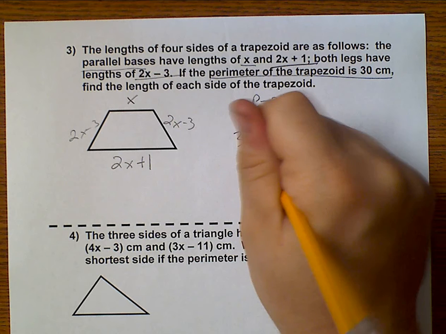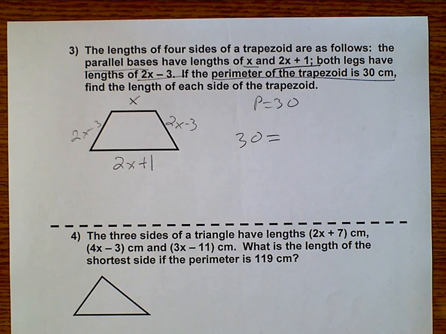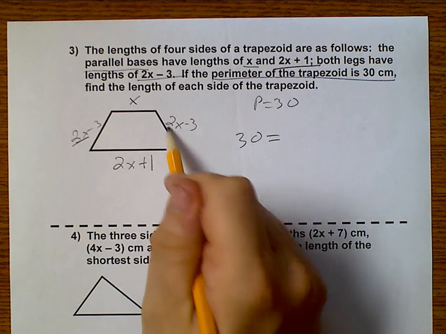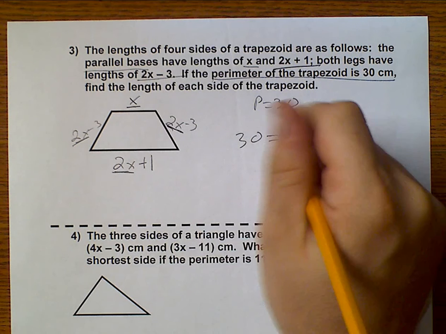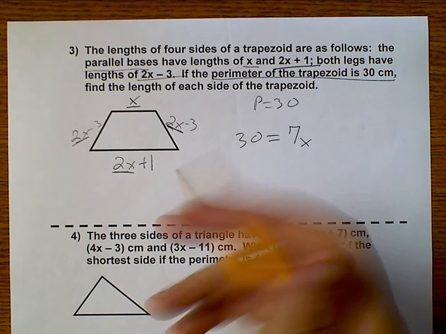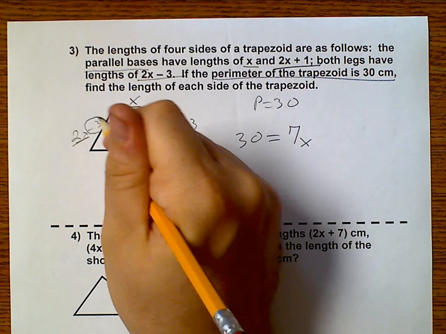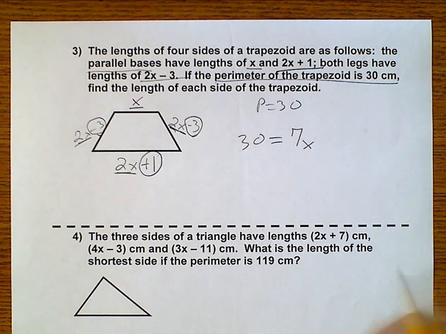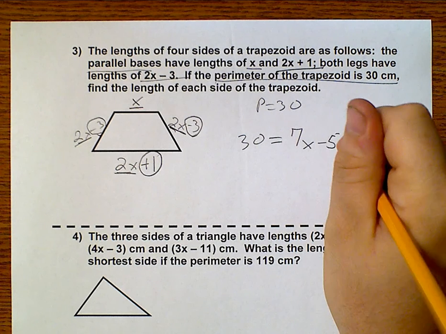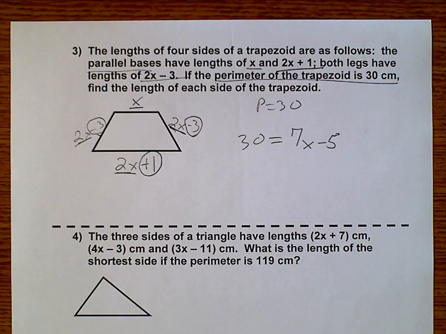So 30 equals, well, let's count up our x's. I have 1, 2, 3, 4, 5, 6, 7 x's. My other numbers: negative 3, negative 6, negative 5. Save a little bit of time by doing my math like that rather than writing it all out.